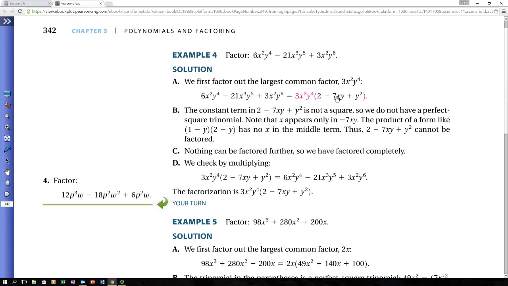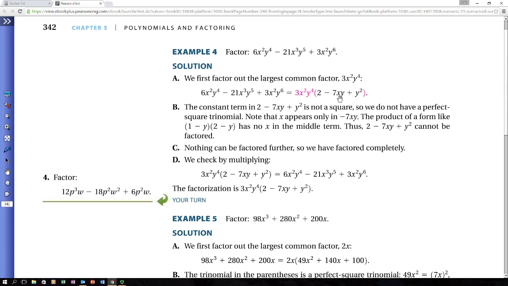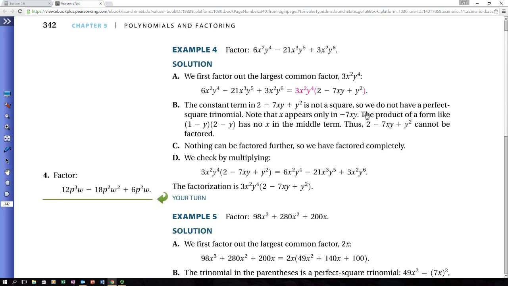But if you think about this middle term, is there any way I'm going to get an inner and outer multiplication from FOIL that's going to give me a product that has this new variable x in it? It's always going to be products based on multiplying these two things together and adding them. So what they're pointing out is there's no possible way to get an xy or another variable in the middle term of a trinomial.